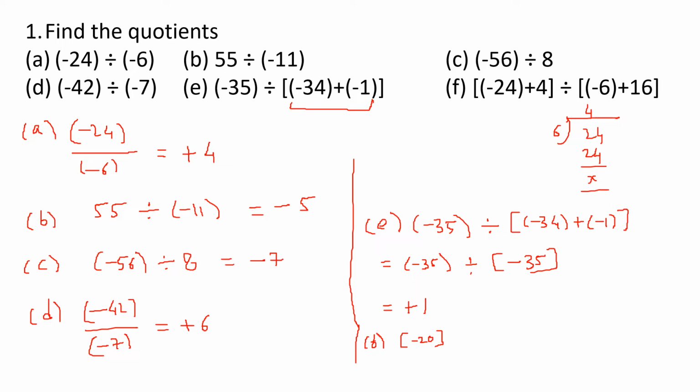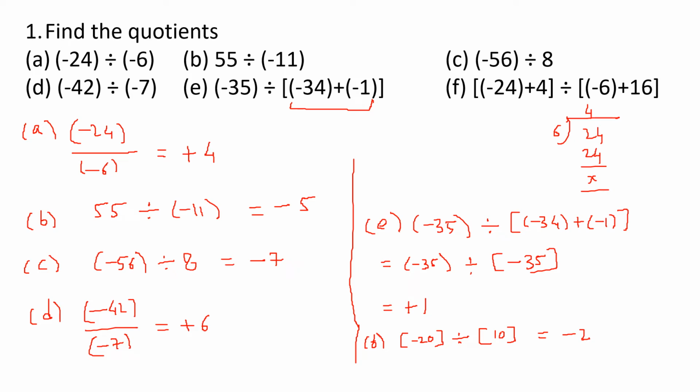So this is minus 20, and divided by, similarly, minus 6 and plus 16. They are opposite sign, so the answer will be the difference of these two, and the sign will be that of the bigger number, which is 16, so it is plus 10. So minus 20 divided by 10, both are opposite sign, therefore the result will be negative, and 20 divided by 10 is equal to 2. So that's all about it, I have solved simple questions for you.